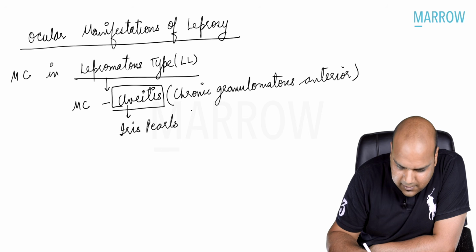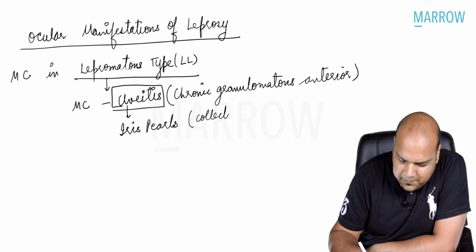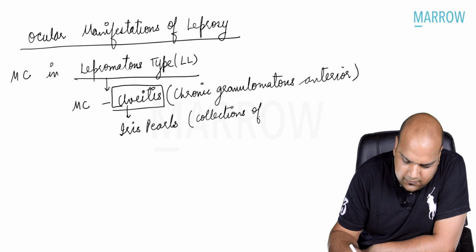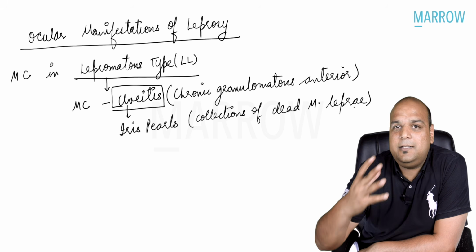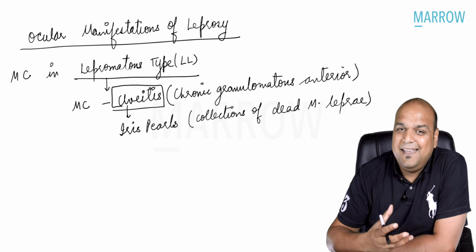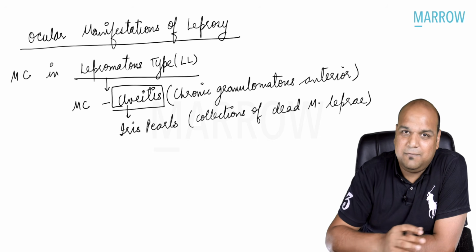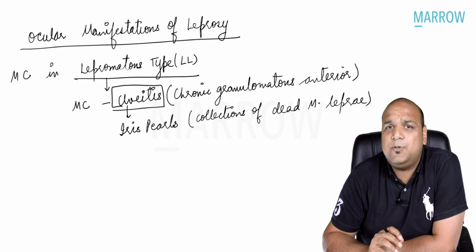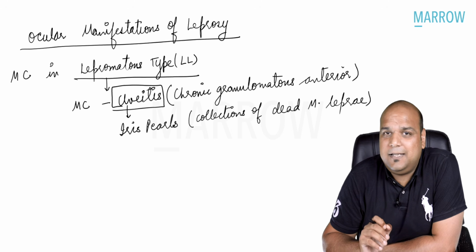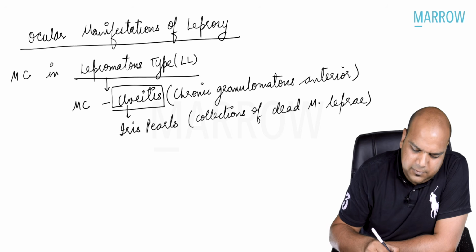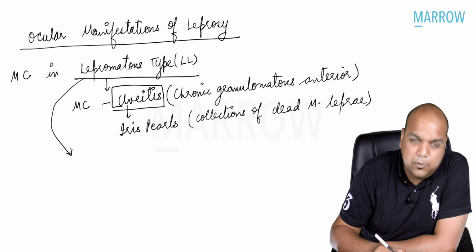What are iris pearls? Iris pearls are collections of dead Mycobacterium leprae. They keep on enlarging, they keep on coalescing, and they form pearls or deposits, everybody. Iris pearls are pathognomonic of lepromatous leprosy in a case of anterior granulomatous uveitis. Apart from this, everybody, what else does lepromatous leprosy cause?